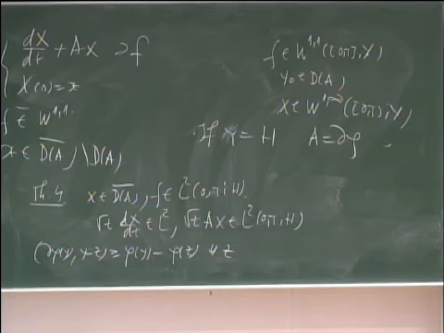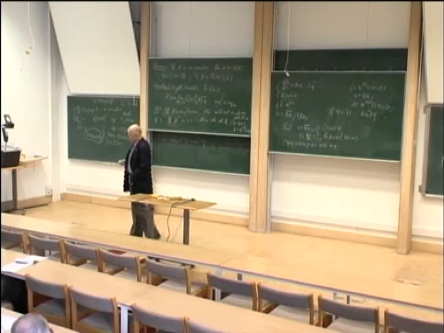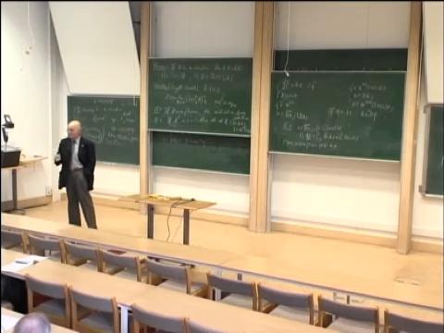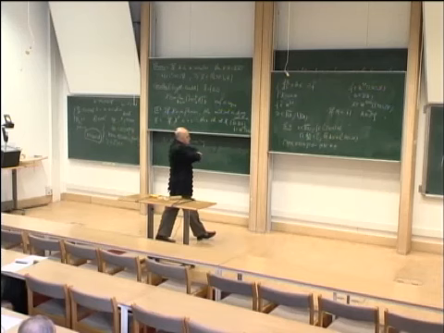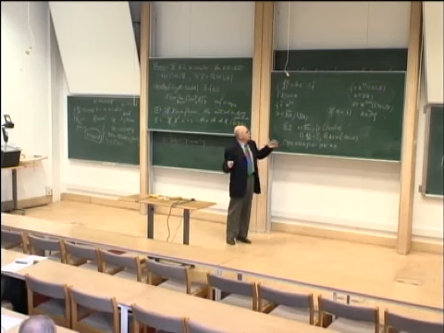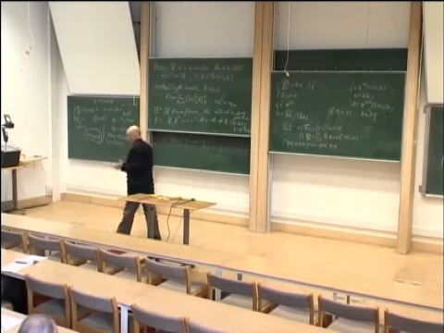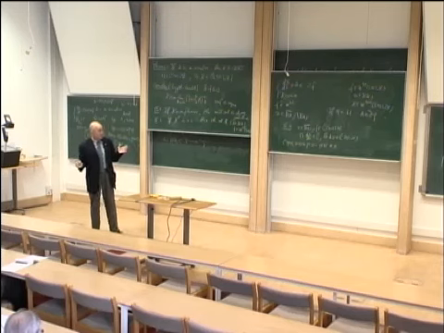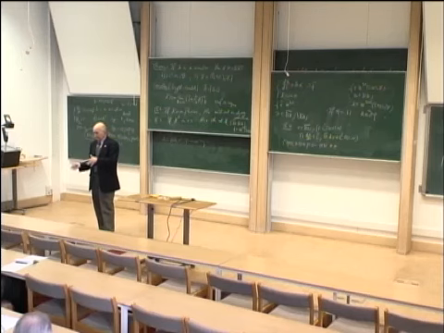For instance, if phi is differentiable and convex, its gradient is an operator of this type. But the result is very general now. It's true for every subdifferential of a lower semi-continuous convex function. So in this case, you have this smoothing effect on initial data.